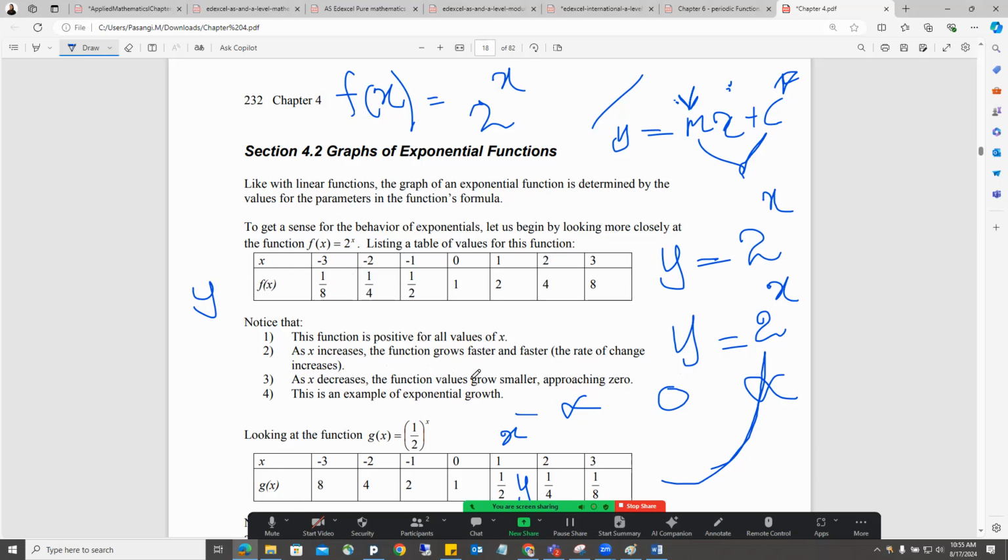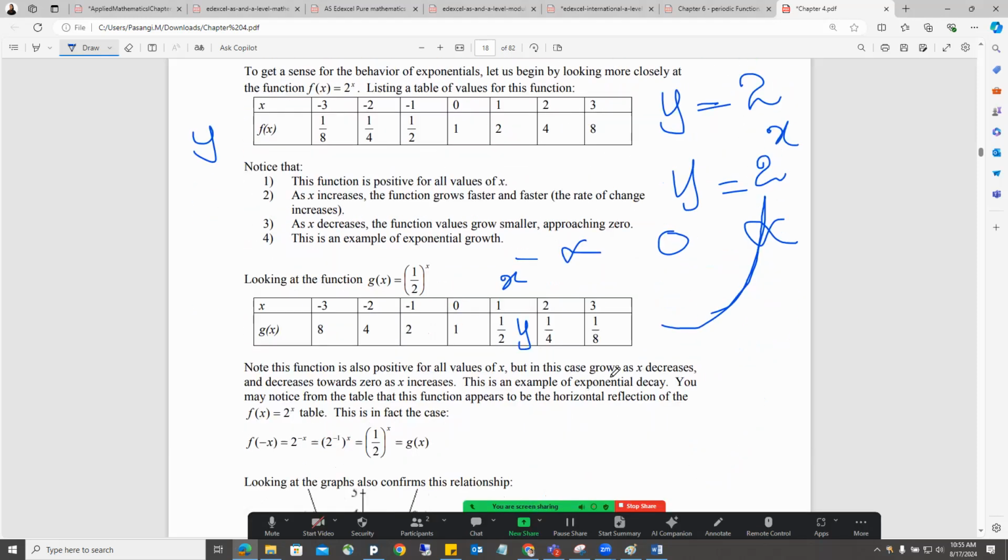As x decreases, the function values grow smaller, approaching 0. This is an example of exponential growth. If it's an exponential growth, then the curve will be like this. Is it clear? Okay.